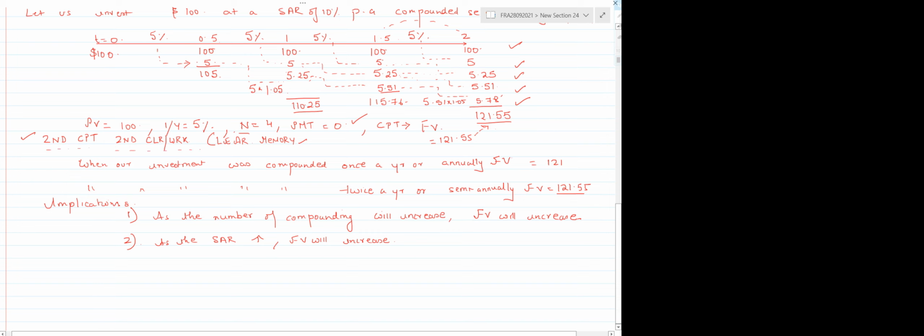Second, CPT is your CLR WRK button. Second is your button on the top, in the bottom left of your calculator. Got it. You got that button? Yep. So see, this command clears the memory of your calculator.